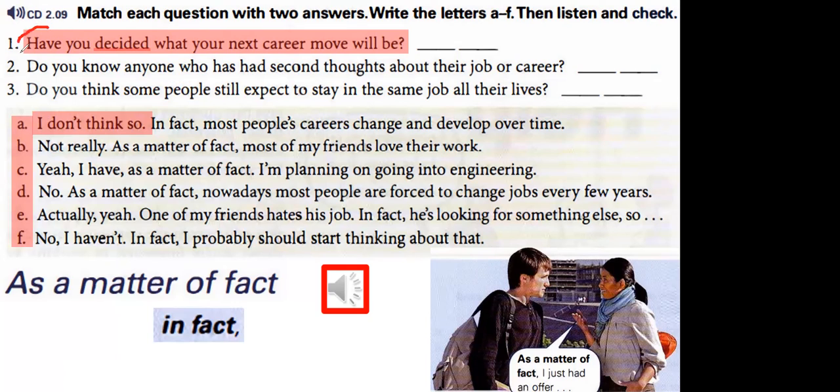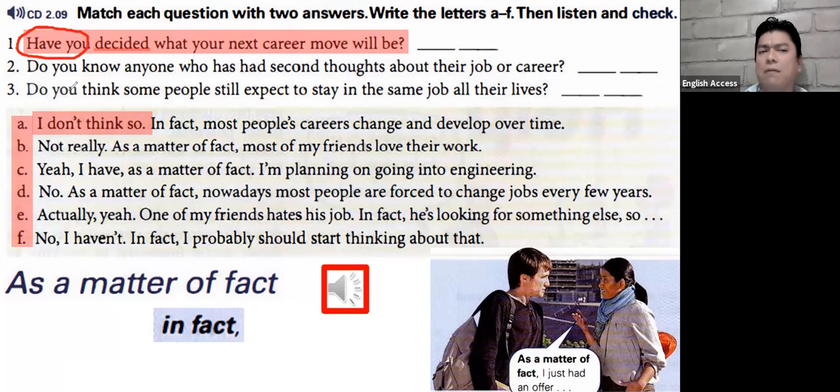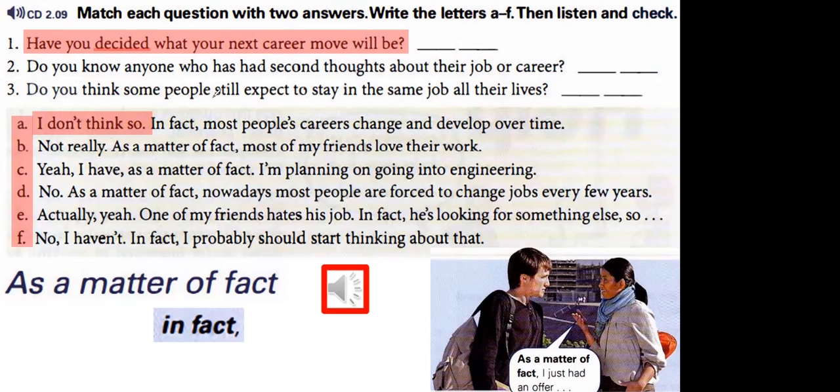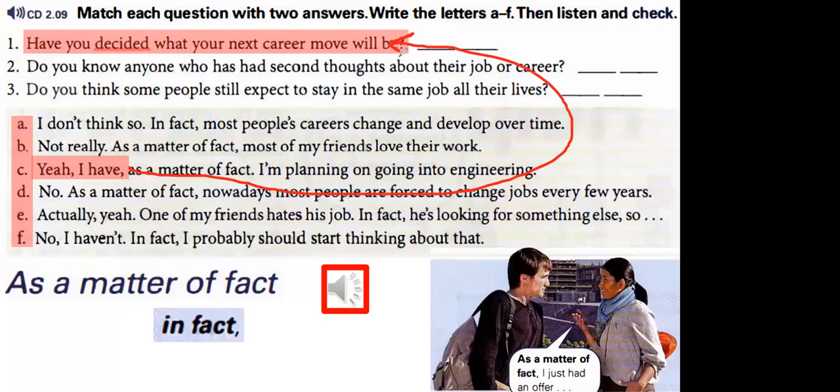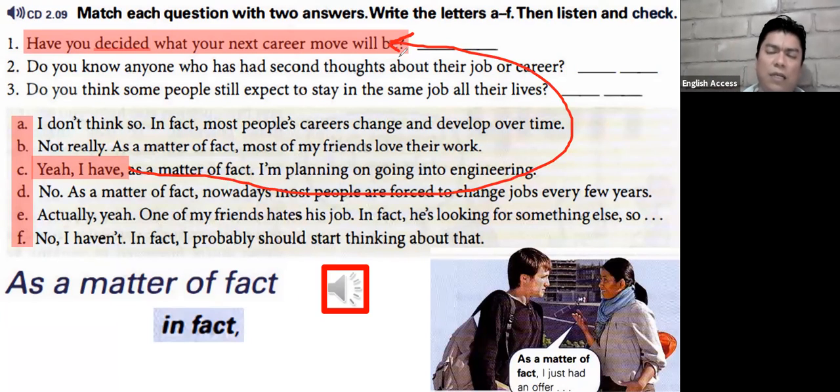Because here we have you decided, and the tenses don't make sense. So that might not be it. Letter C? Yes, I have. Now that makes sense. So that's a possible answer. Okay, continue, complete all of them, and then in one minute you will compare answers, okay?